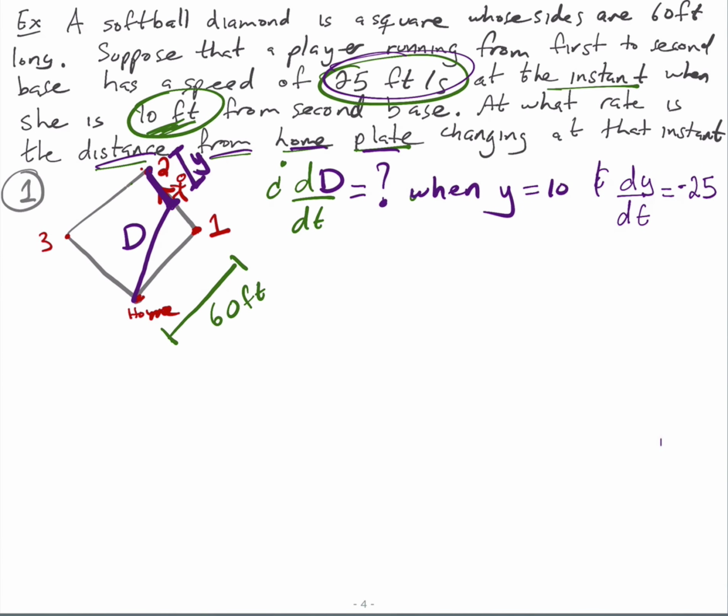Because if you're running from first to second base, then Y has to be decreasing, right? But it's always at a constant speed of 25 feet per second, right? No, it's at that instant it's 25 feet per second.